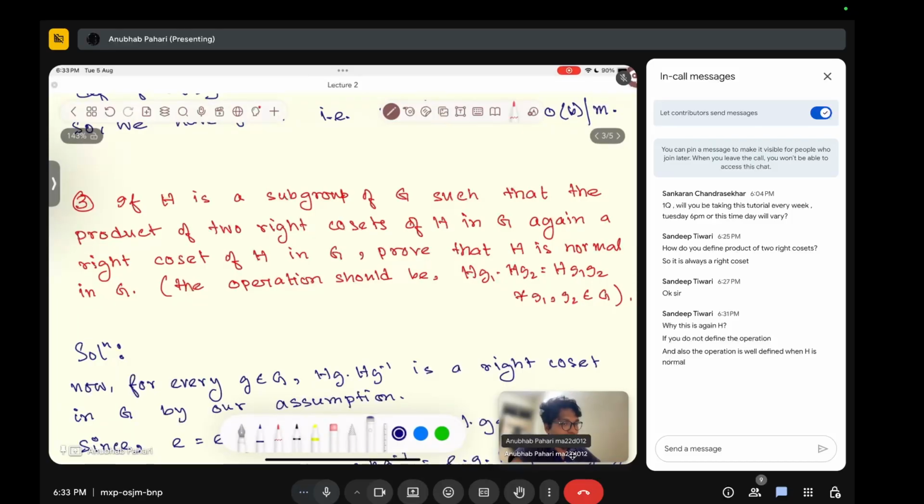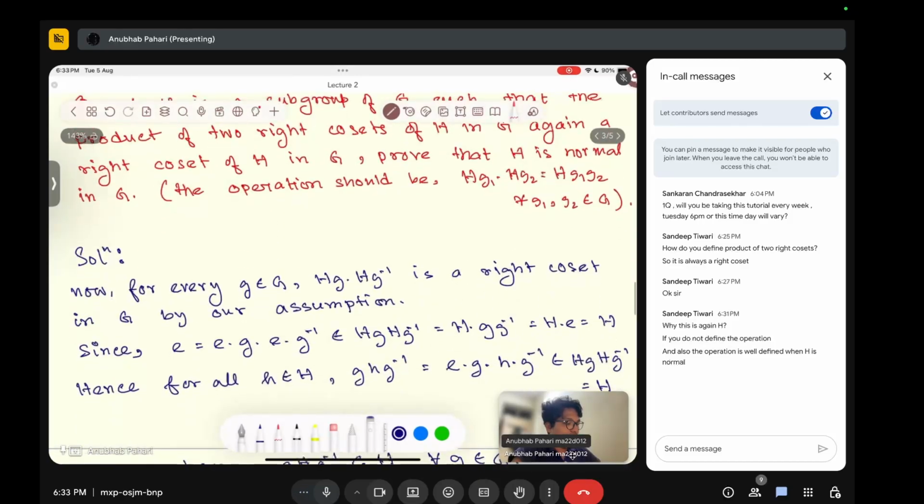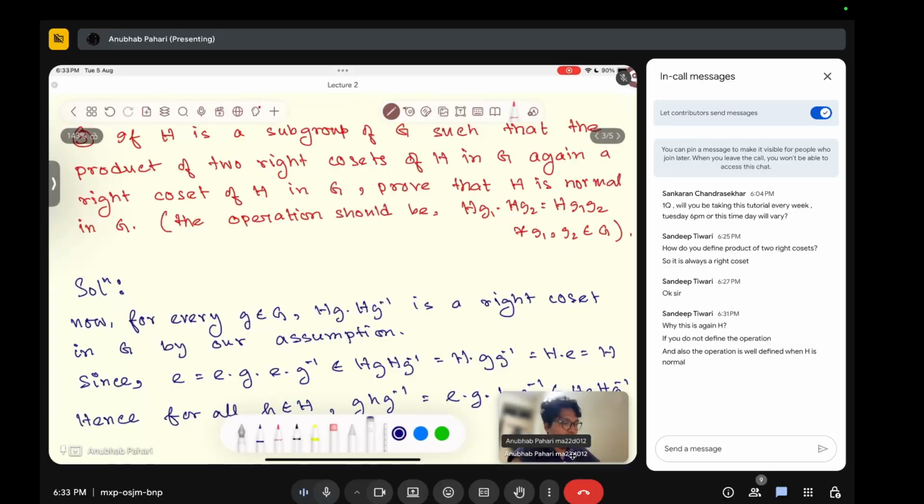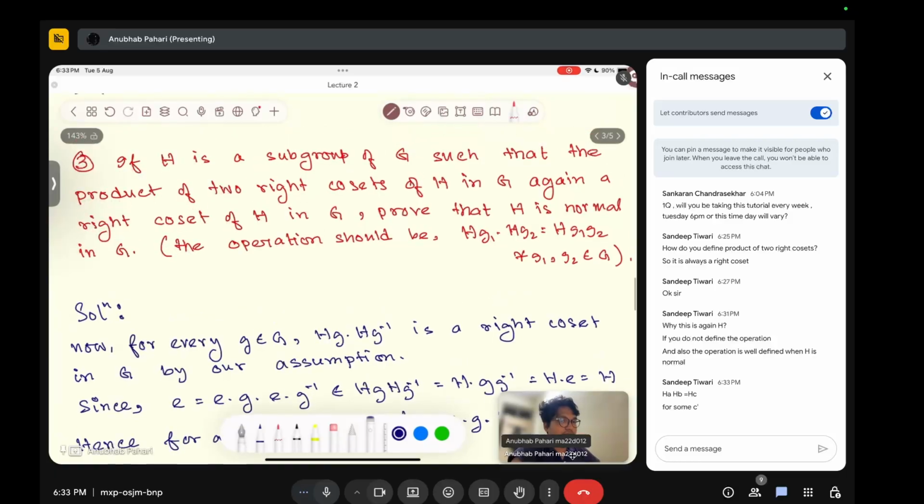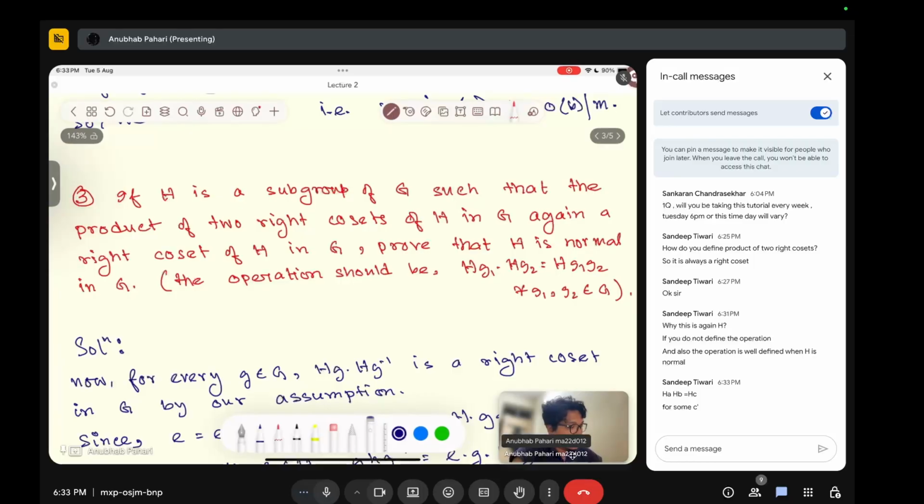But again it is true that when you define an operation it should be well defined, and it can be shown like that, yeah, you are right.